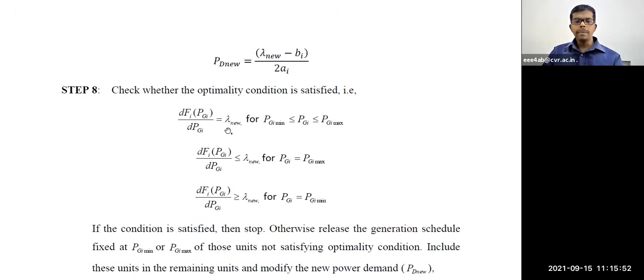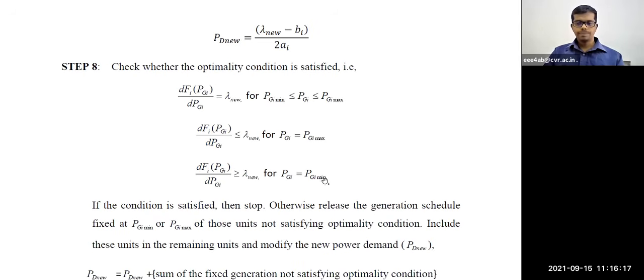DFI divided by DPGI is equal to lambda new for PGI minimum less than or equal to PGI less than or equal to PGI maximum. DFI divided by DPGI is less than or equal to lambda new for PGI equal to PGI maximum. DFI divided by DPGI is greater than or equal to lambda new for PGI equal to PGI minimum.